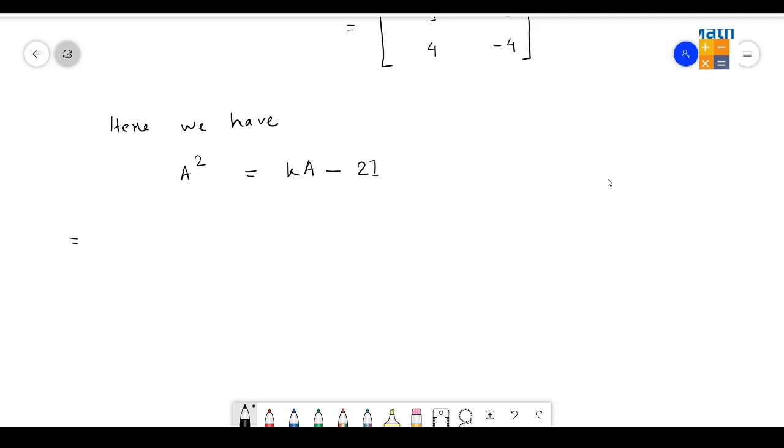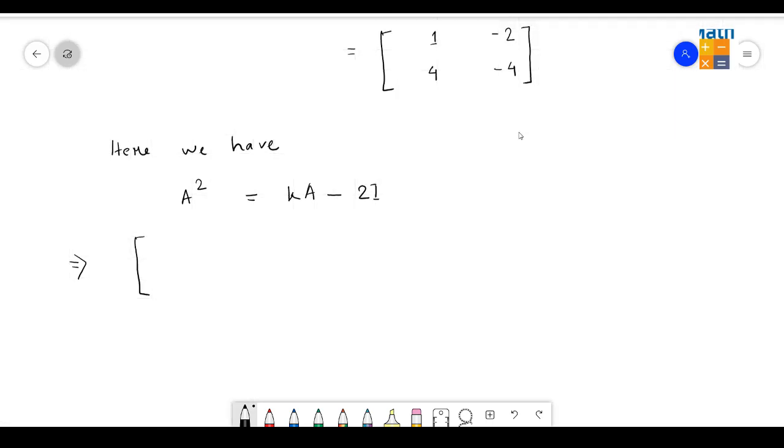In the respective places, I am going to put the values now. Let us check what values we got for A square. It is 1, then minus 2, then 4, it is minus 4. After that, k is unknown to us.